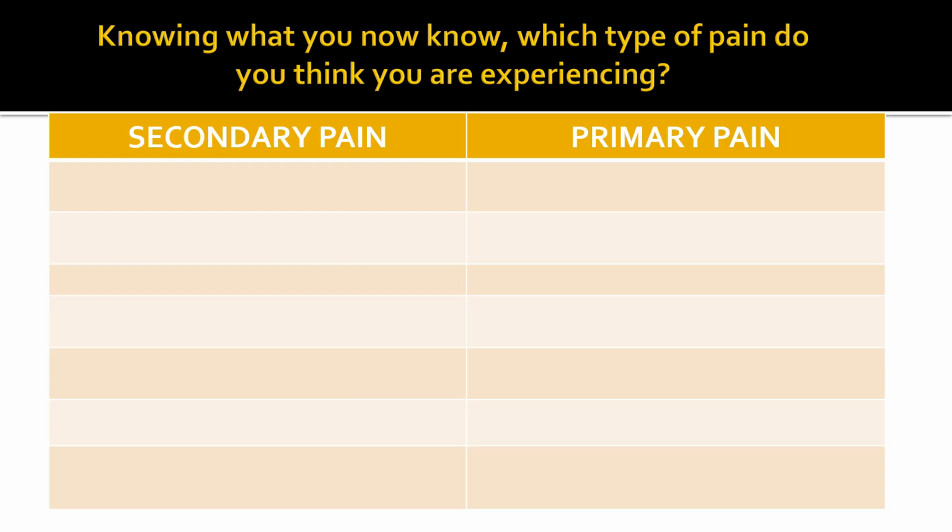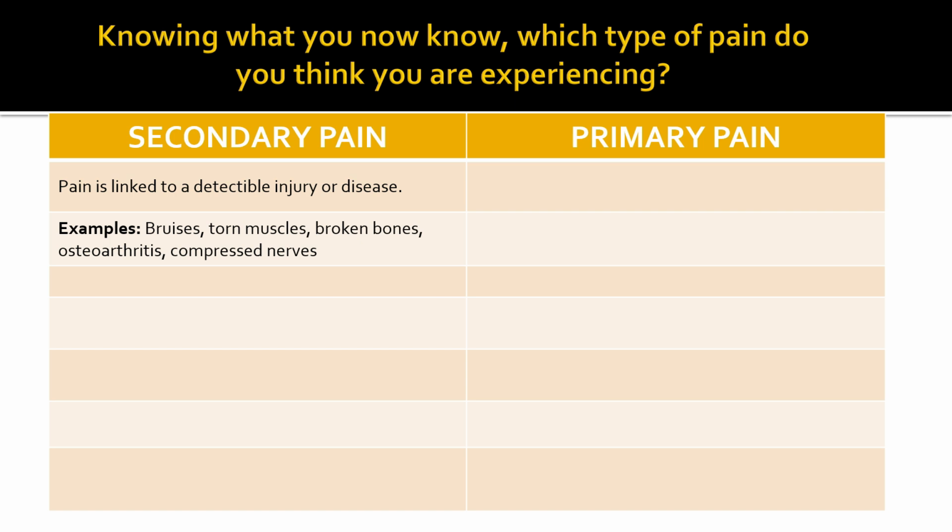Knowing what you now know, which type of pain do you think you're experiencing? Secondary pain or primary pain? Let's review some of the characteristics. Secondary pain is linked to a detectable injury or disease. Examples: bruises, torn muscles, broken bones, osteoarthritis, compressed nerves.